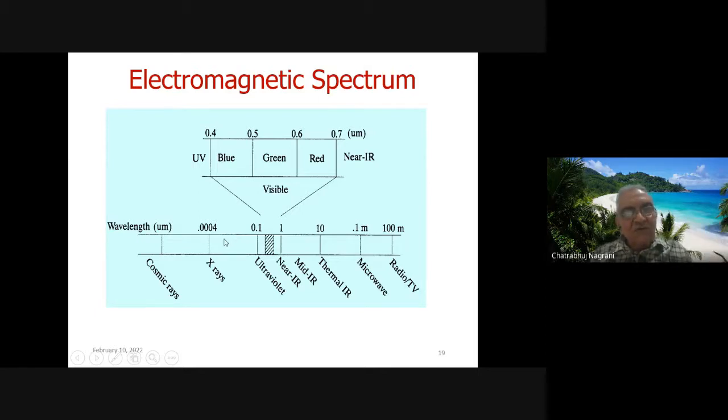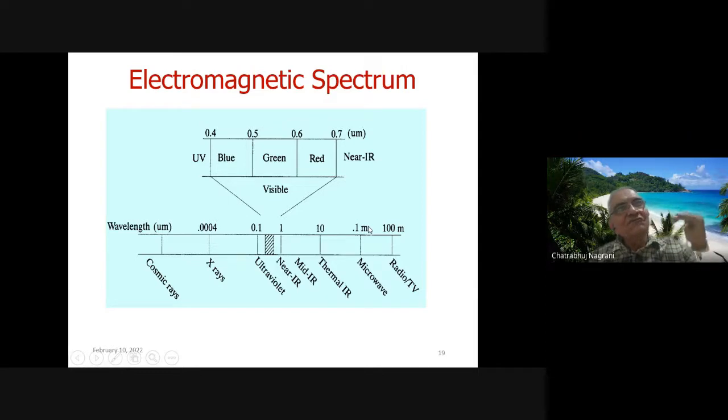So starting from X-rays to 100 meter radio waves, you have this full spectrum. Out of that full spectrum, only from 0.4 micron, that is 400 nanometer, to 0.7 micron, that is 700 nanometer, our eye can see. But we can put sensors which can see over this entire wavelength range. That is the capability of the sensors.